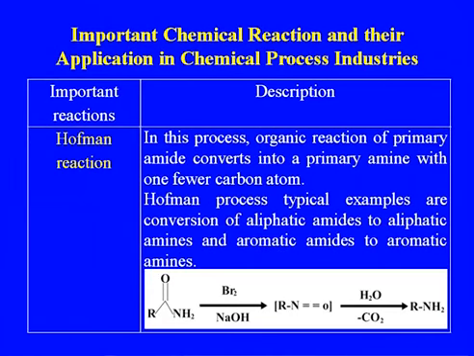Hofmann reaction: in this process, a primary amide is converted into a primary amine with one fewer carbon atom. So this is also very important in the chemical process industry, and this is the reaction that is taking place in the Hofmann reaction. Beckmann rearrangement is one of the very important reactions, especially in the manufacture of caprolactam.